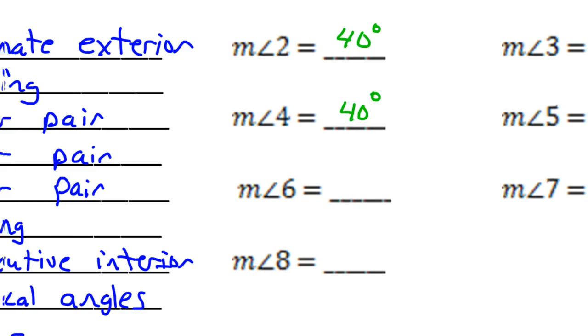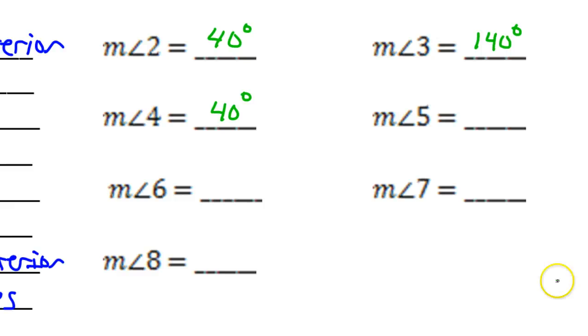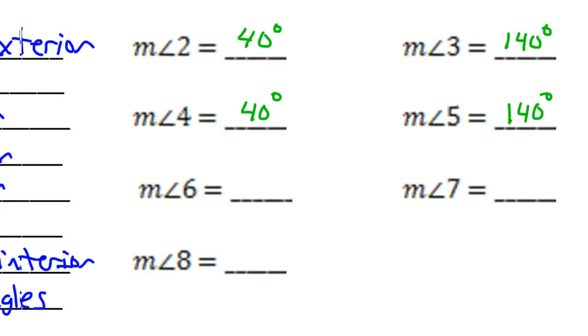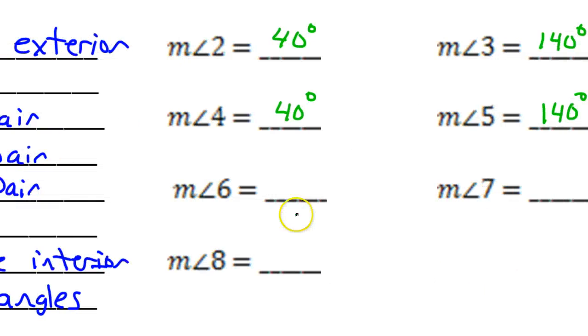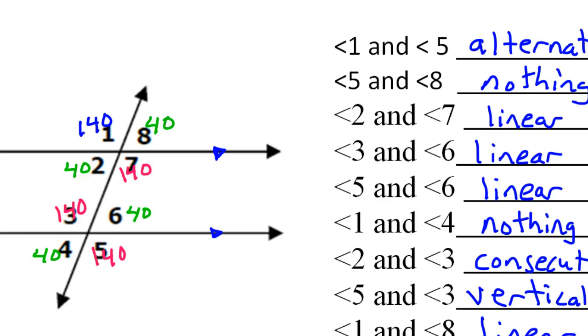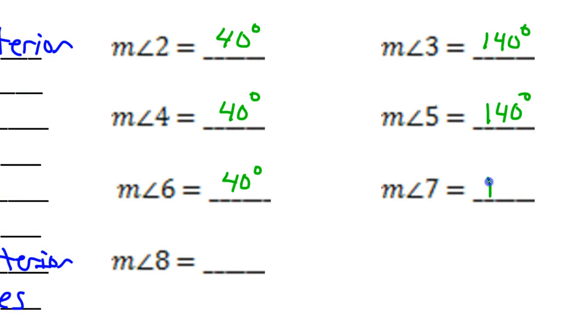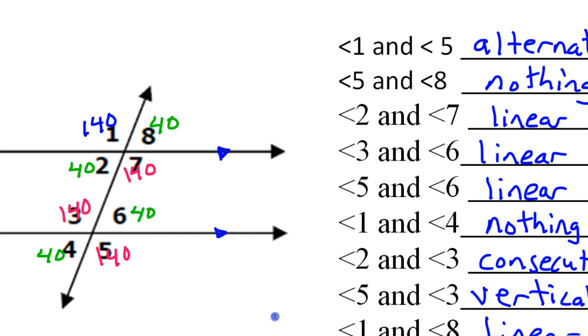Angle 5 is 140. Angle 6 is 40. Angle 7 is 140. And angle 8 is 40.